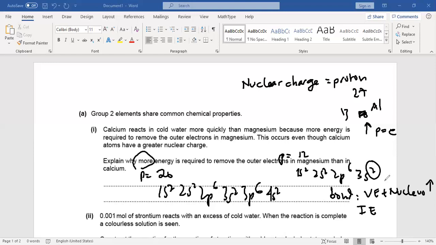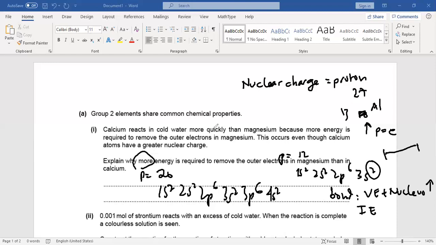If the bonding between the electron and the nucleus is very strong, then it's not easy to remove this electron. As a result, it will give you higher ionization energy. Okay, so that's why it requires more energy here.